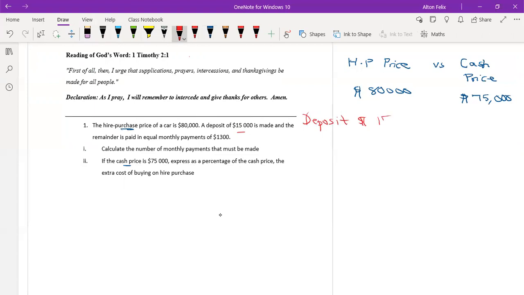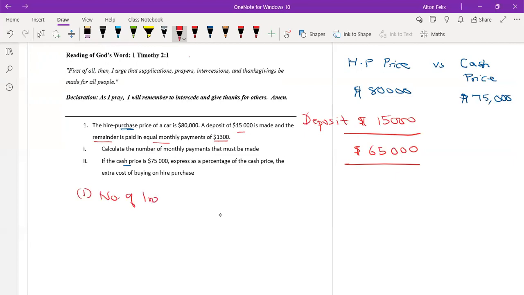So if we are given $15,000 as a down payment, then we are left with $65,000 to pay off. And this remainder, 65,000, is paid in equal installments of 1,300 each.